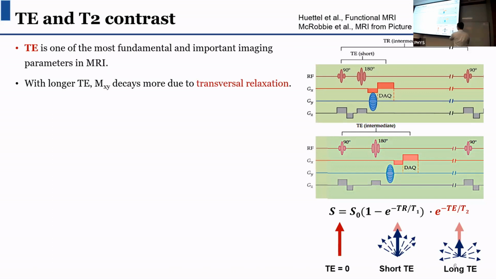The reason is that the different spins will spread out. So this is a comparison of a short TE and a long TE. That's why I'm saying when you adjust the TR time, you are adjusting the T1 weighting, and you change the TE time to adjust the T2 weighting.